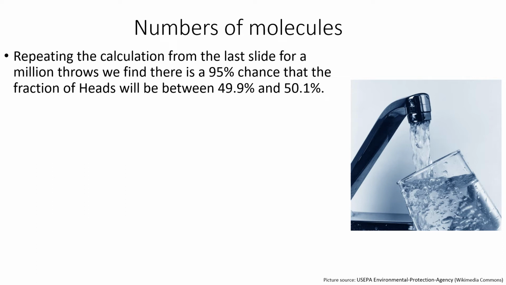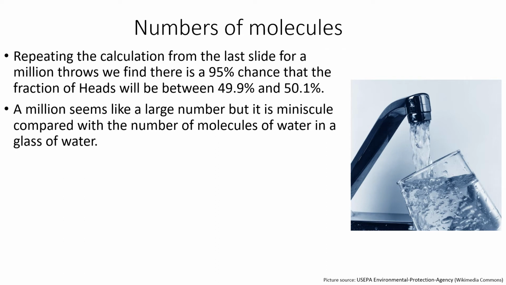And what you find then is, again, you can get a high level of chance, a 95% chance you're going to get very close to 50-50. But in the case of 1,000,000 throws, this is the chance it's going to be between 49.9% and 50.1%. So it really is going to be very close to 50-50 once you get up to 1,000,000 throws.